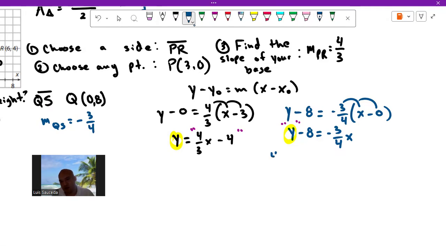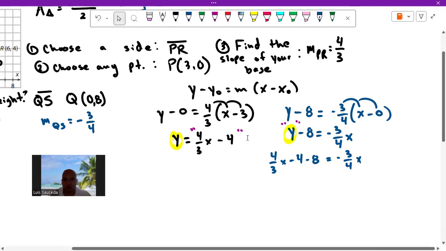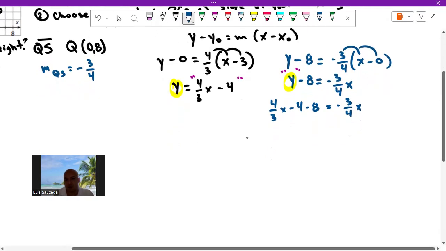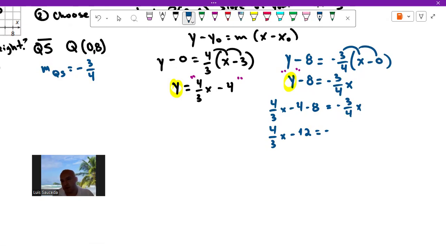So 4/3 of x minus 4 minus 8 is equal to negative 3/4 of x. So when you do this, you're going to get 4/3 of x, negative 4 minus 8, that's negative 12, equal to negative 3/4 of x.